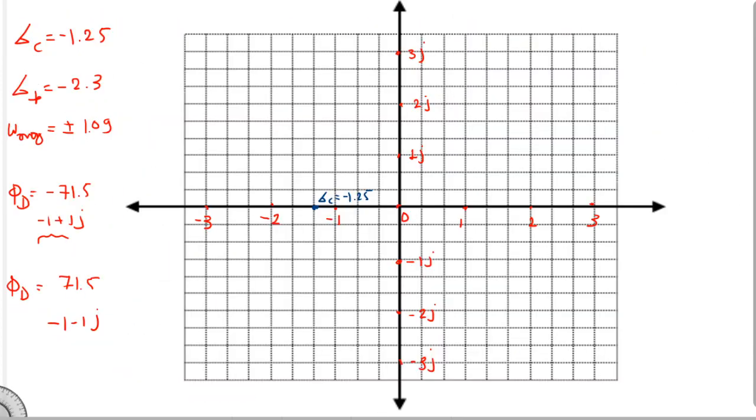By using a protractor, you can measure all these four angles. 45, by indicating a dotted line here, that is 45.